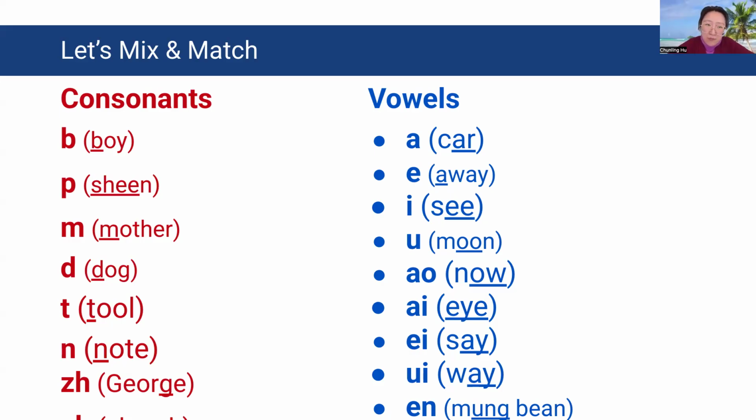So like boy, it's bo plus oi, boy. It's just like the combination of sounds, and you try to move smoothly from the first part to the second part of the sound. I hope this is helpful. Reina, what do you think?